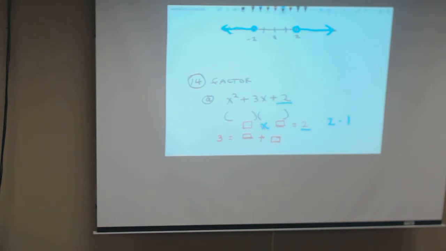Will those two numbers added, 2 plus 1, equal 3? Sure enough, so I go x here, and I go 2 and 1. Plus and plus. So I've just factored it. So the factors are x plus 2 times x plus 1.